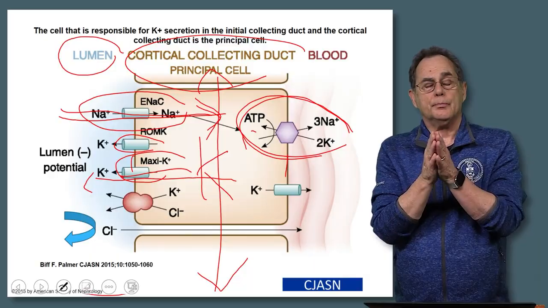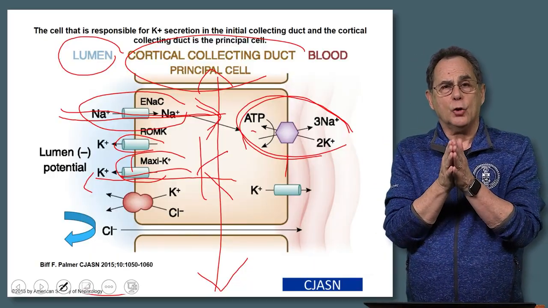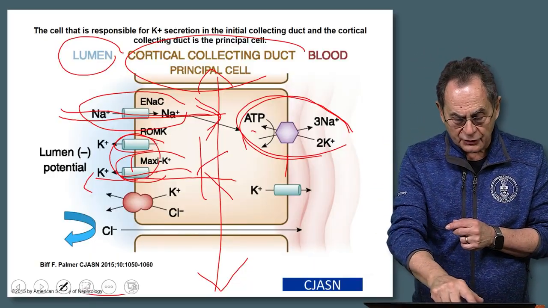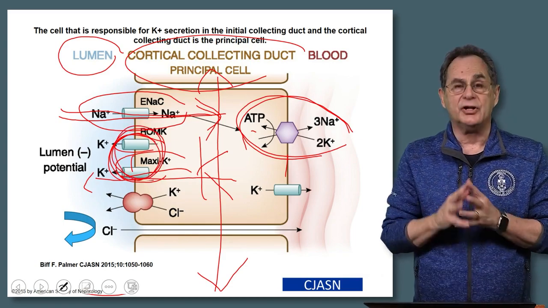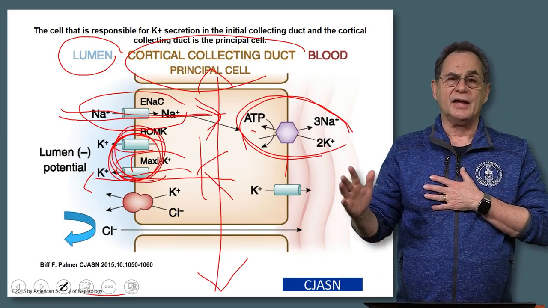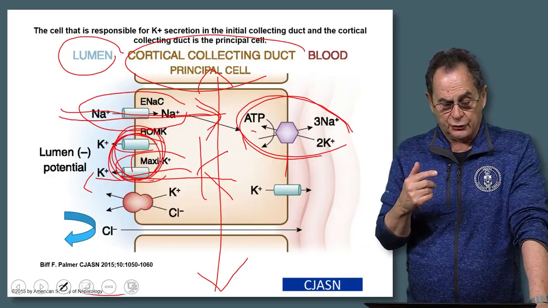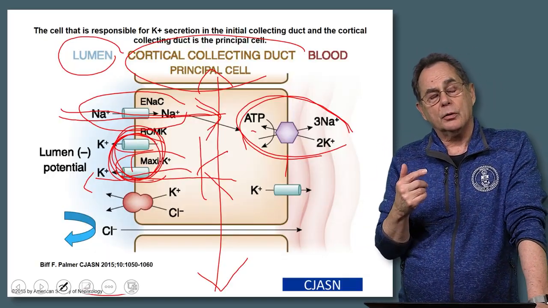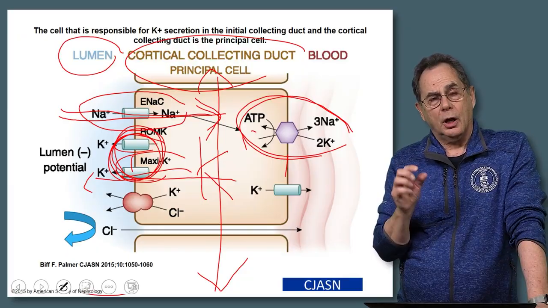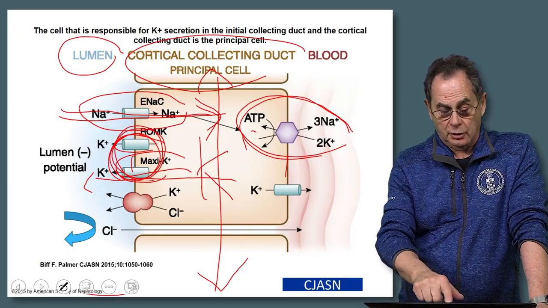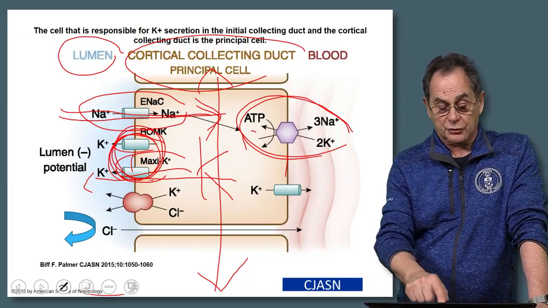It's that positioning of those integral membrane proteins, these ROMK and MAXI-K channels, that take potassium and allow it to re-enter the lumen. So now what you see is an important determinant of potassium secretion, the intracellular potassium concentration.